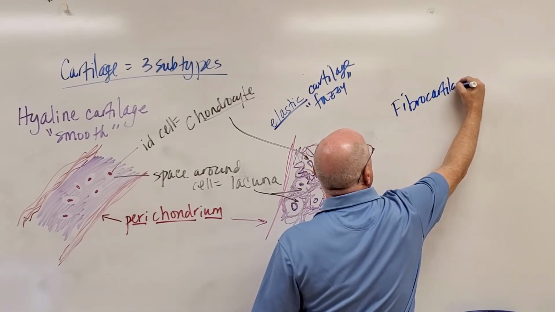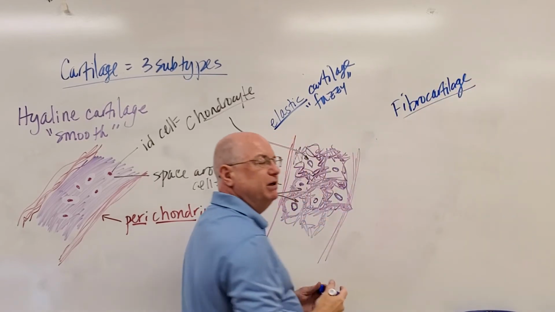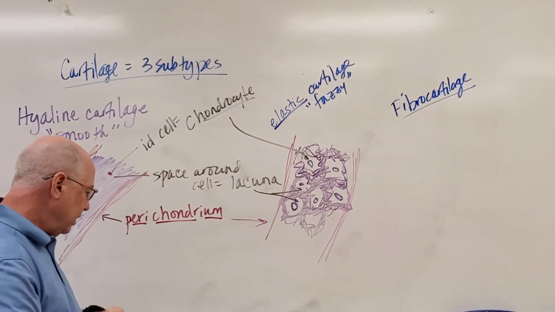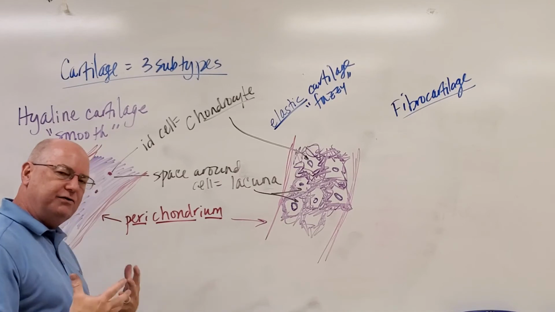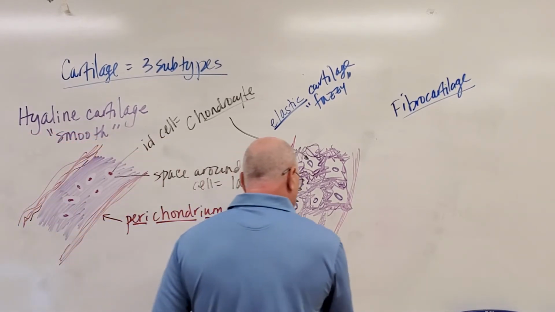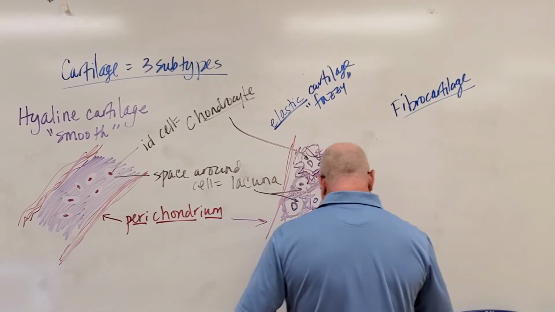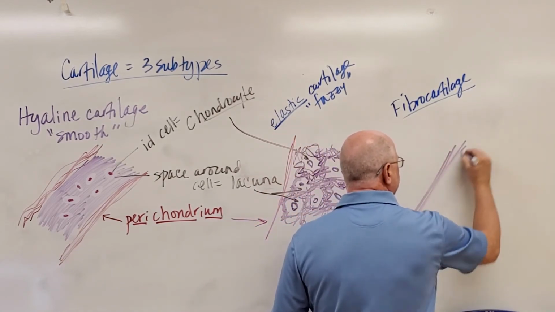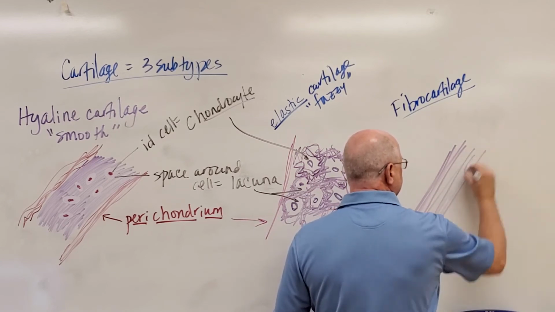Fibrocartilage is very fibrous, filled with collagen fibers. Makes it very strong. And we don't really see the collagen fibers in the tissue very well. So when we look at this tissue under a microscope, we will very often see what looks like a strip of hyaline cartilage in the middle of here.